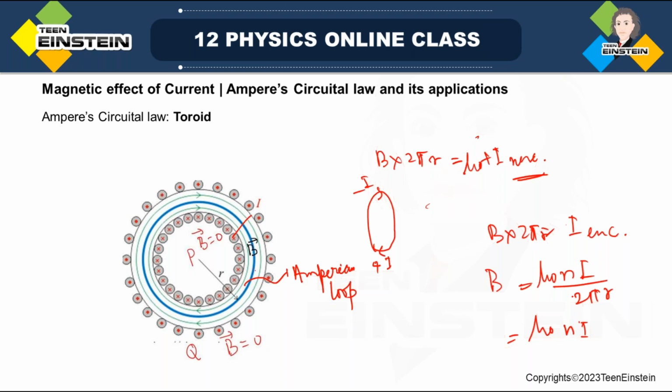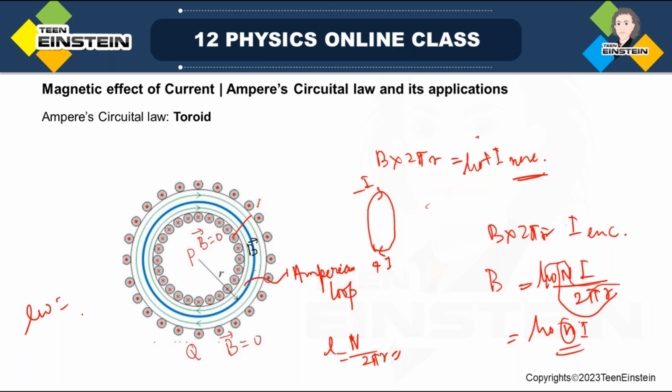I'm sorry, I think this we have to take as capital N. So the number of turns is N, and with 2 pi r, N by 2 pi r, this could be directly written as small n, the number of turns per unit length.